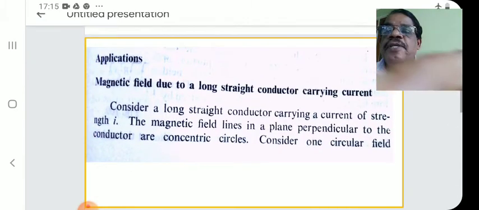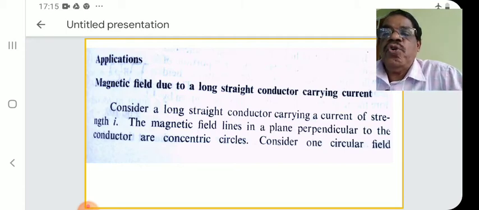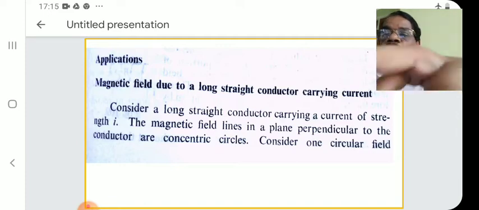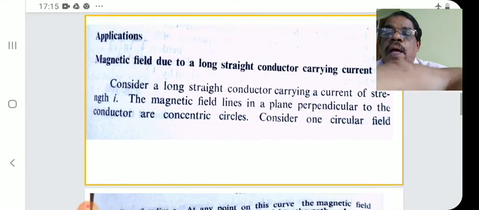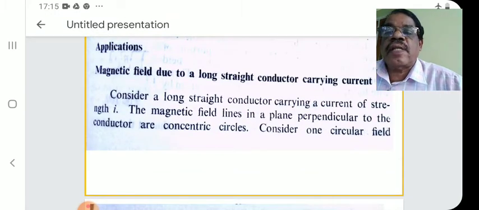And it has some applications. The first application is magnetic field due to a long straight conductor carrying current. For that you use a conductor. Consider a long straight conductor carrying a current of strength I. The magnetic field lines in a plane perpendicular to the conductor are concentric circles.